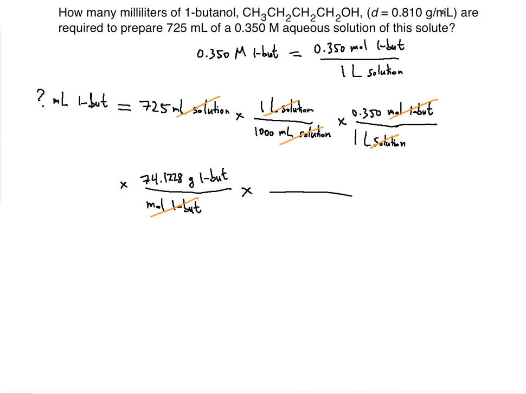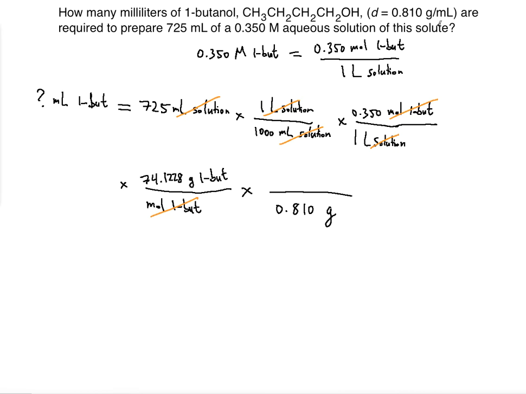From grams to milliliters. So the grams will go on the bottom, 0.8110 grams. You might say, but wait a second, it's on the top here, and why are you switching it? I'm switching because the grams wound up being on the top, so in order to cancel, we will need to switch this fraction. And that's the beauty of it.